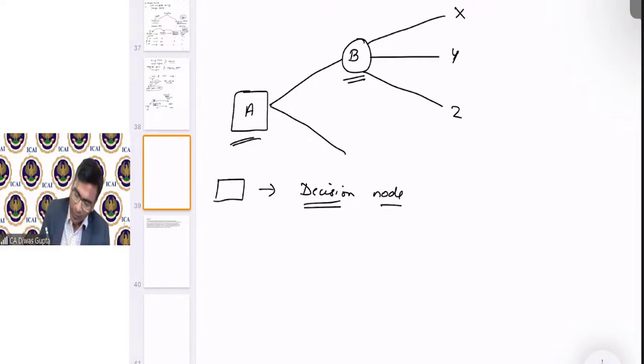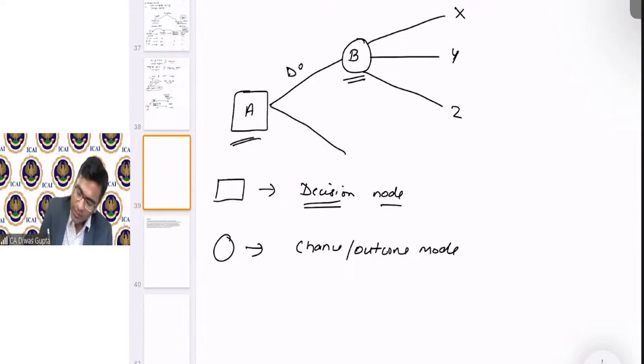The circle one, which is B, is actually the chance or outcome node. So let's say we do this or we don't do this. Okay. So A is a node where we decide that we do or whether we don't do. If we don't do, it will go down. If let's say if we do, it goes to three outcomes.